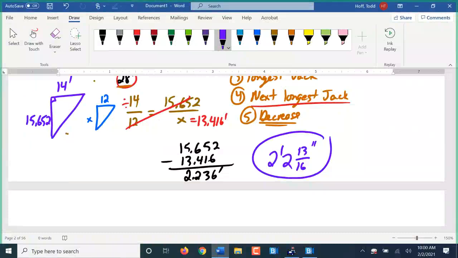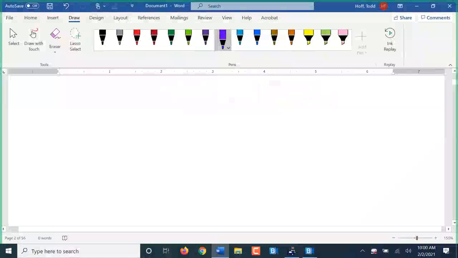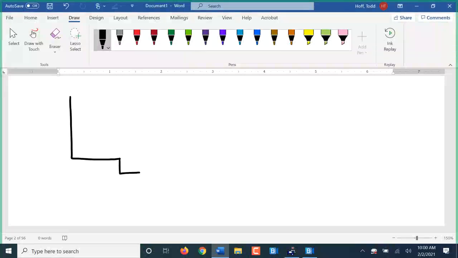So now this becomes a little bit trickier if our spans are not the same. Typically the L coming out of the side of the house is not the same span as the main roof.